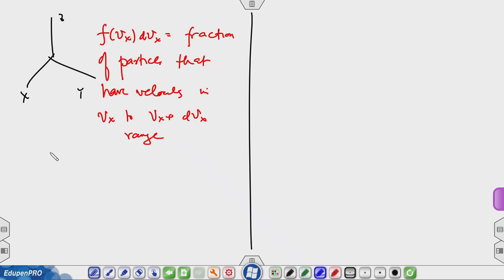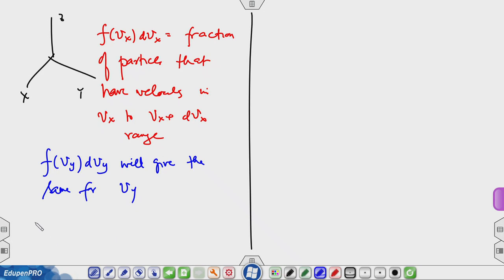By isotropy, f Vy dVy will give the same for Vy and f Vz dVz for Vz.